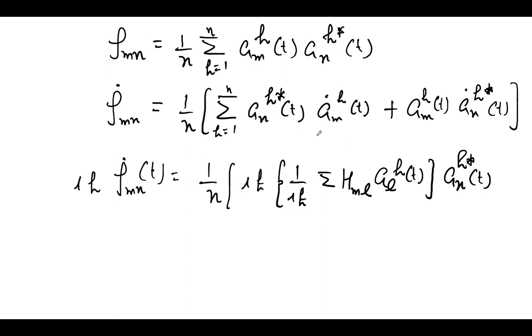So this is the value of ȧ_mk(t), considering the system which is neighbor to this m system, that is the l system, and a_nk*(t). Similarly using equation 3, I can put in the value of the other term.